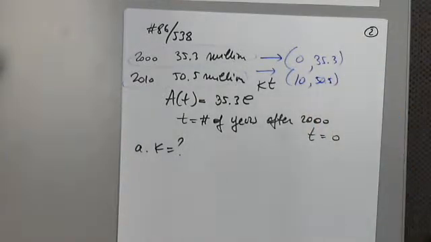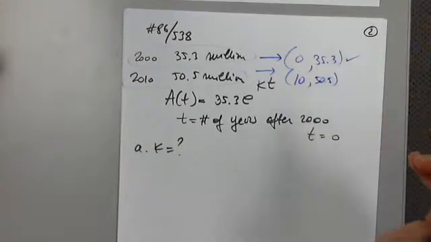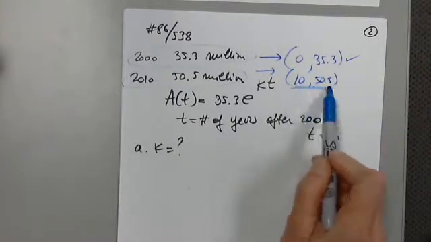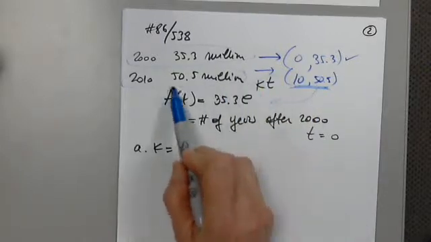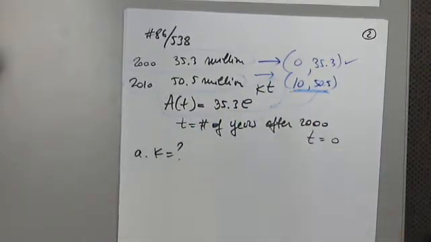Thank you very much. So this was already taken care of. Now I would like to plug this point in the model. Can anyone tell us how to plug in the point 10, 50.5?